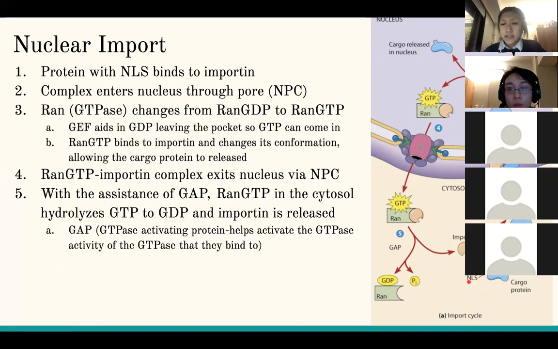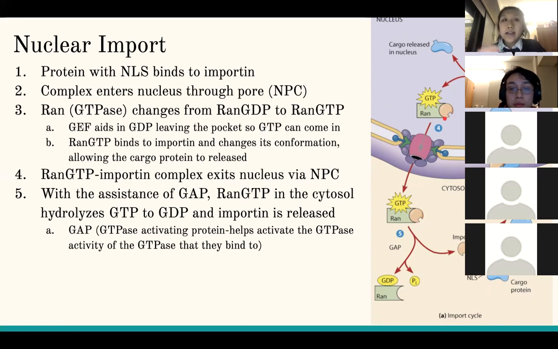It's going to bind to an importin. And this importin is what takes it through the nuclear pore, in this case called the NPC. And once it gets through the NPC, it's now inside the nucleus.